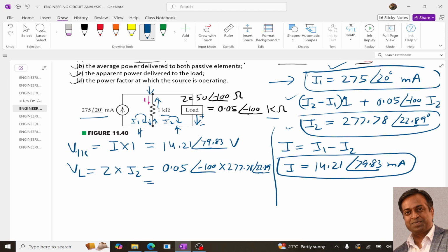Solving this, we will get 13.89 angle minus 77.11. So this is our VL, in volts.